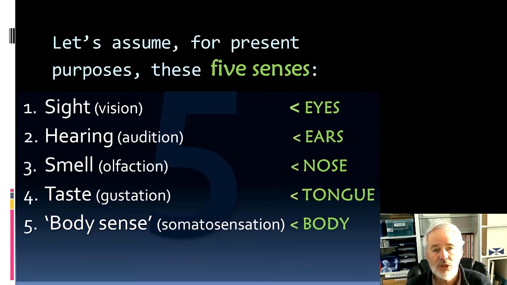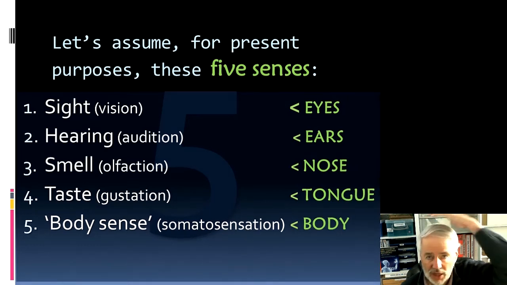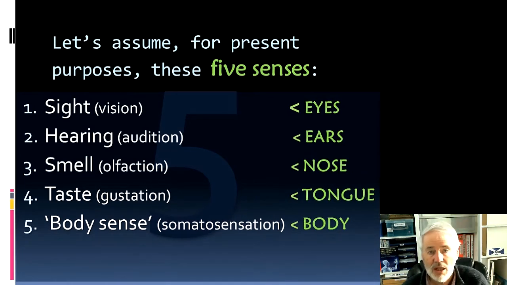It's a good idea to talk about this as a complex but single sense, because in neuroscience it is located in the cortex at the top. So there is a somatosensory area of cortex up there, and accordingly we are going to reflect this in our description of the 5th sense. So I called it body or body sense.